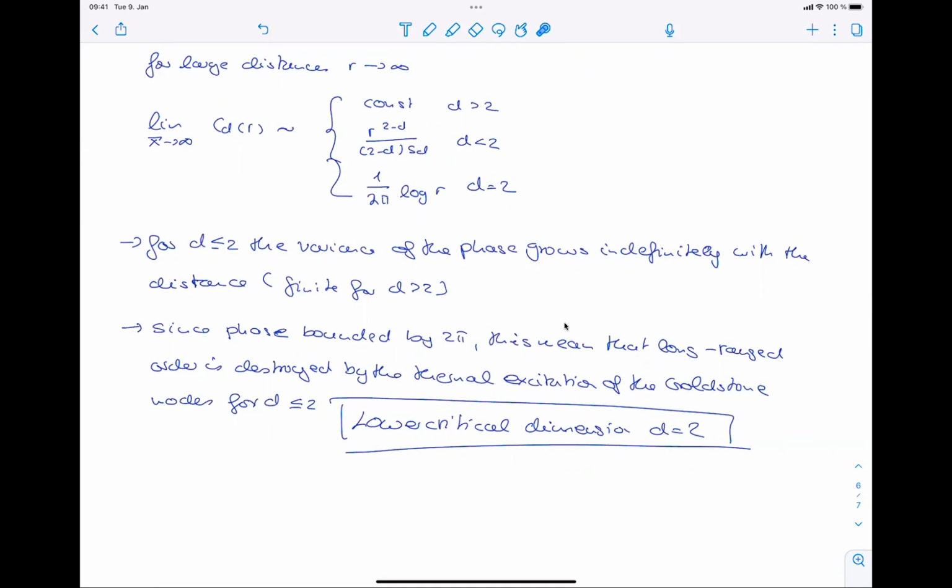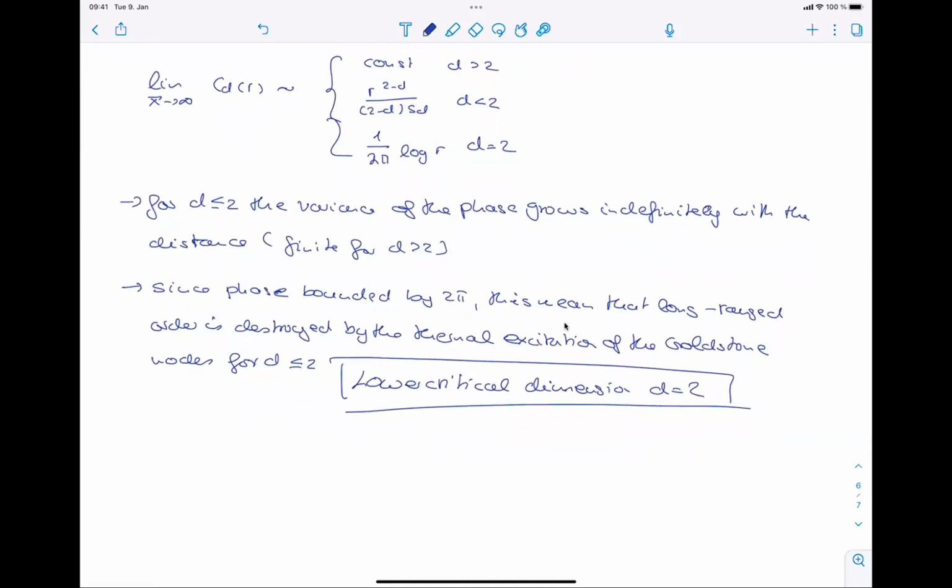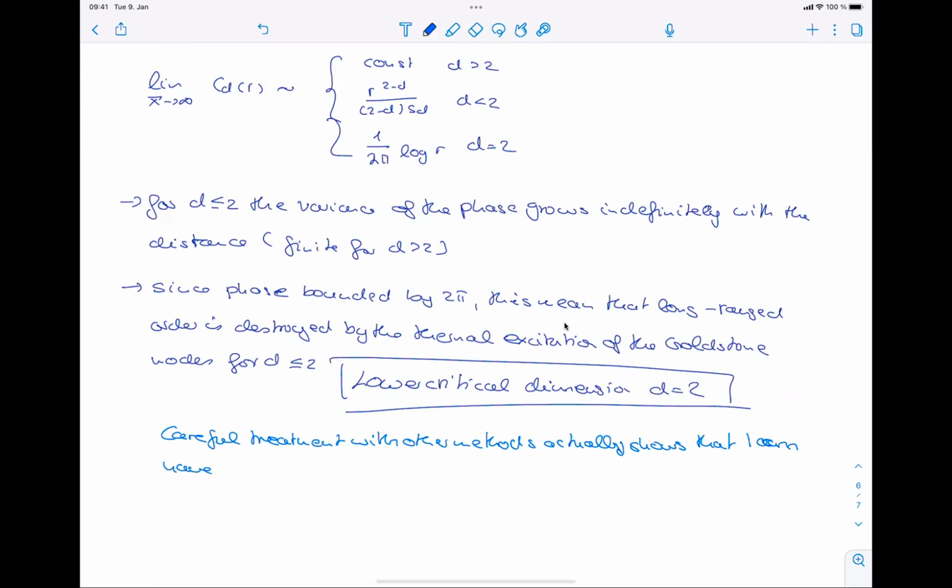And so to jump ahead a few lectures down the road, indeed, a careful treatment with other methods actually shows that I can have a phase transition for a 2D superfluid.